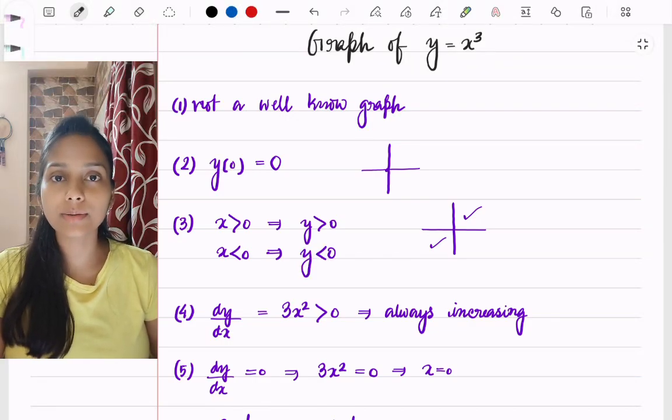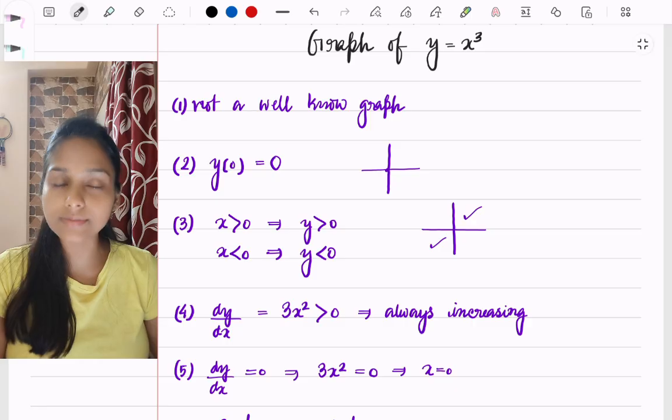In today's video, I'll be discussing the graph of the function y equals x cube. In the previous videos, I have discussed the graphs of y equals x and y equals x square. Both of those graphs are well-known, as one is a straight line and the other is a parabola.